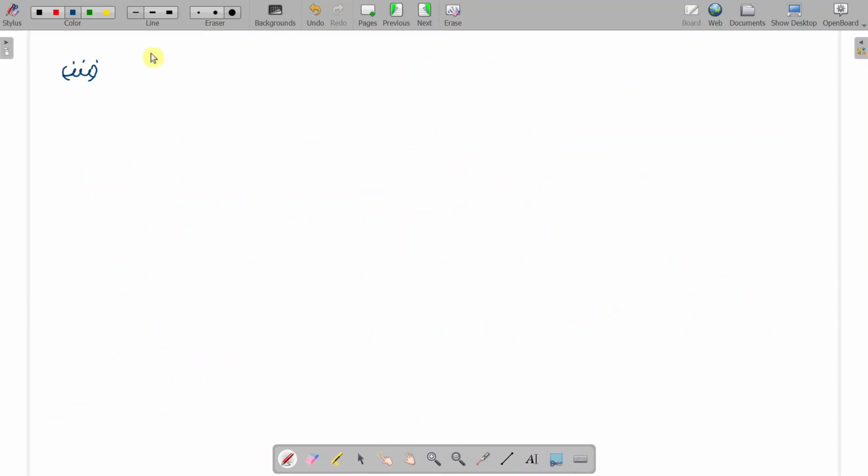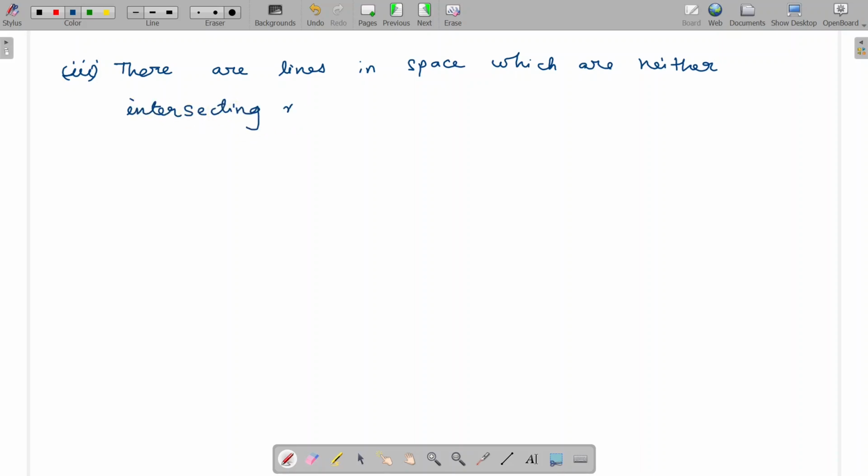So now there are lines in space which are neither intersecting nor parallel. Such lines are non-coplanar.